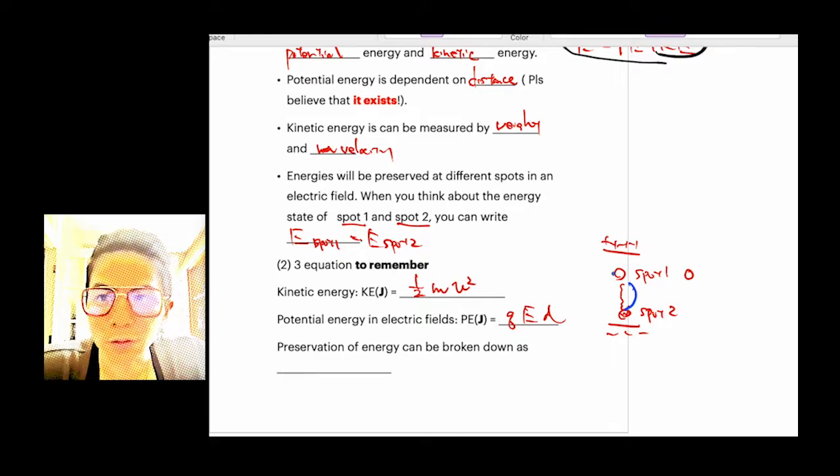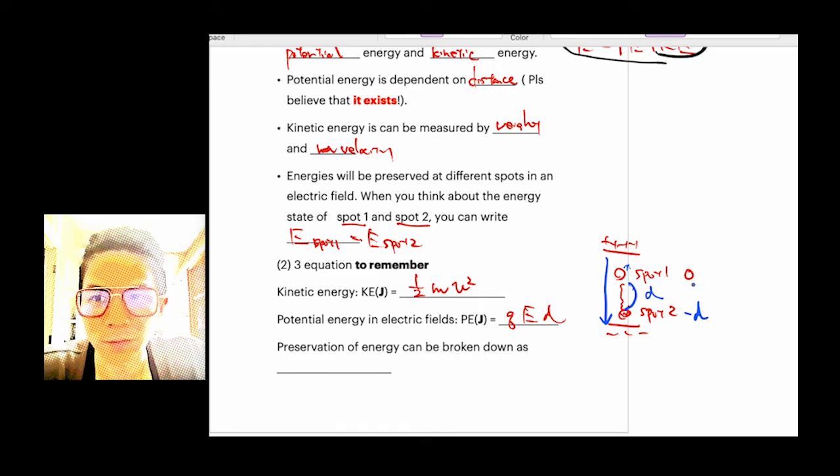It's also important that you know the direction of the electric field. You always have to remember that the electric field goes from plus to minus. Since this starts from plus, it's going to be 0 to, if this distance is d, negative d.